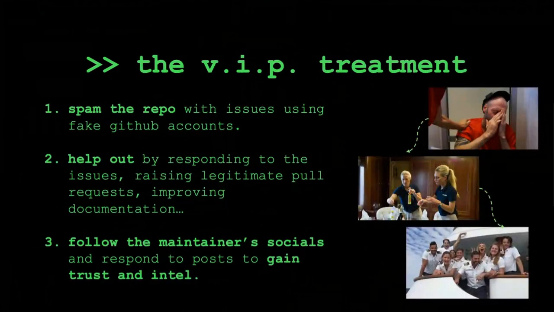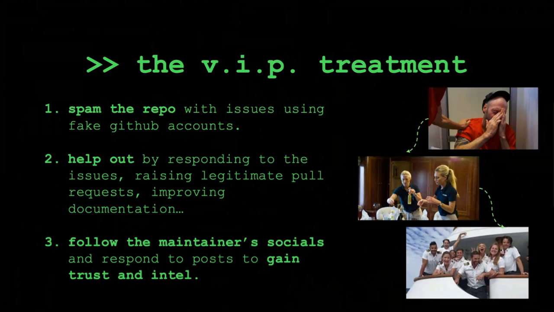So what will this involve? It's going to get a bit dark, but what we're going to do is spam the repo using sock puppet accounts, really trying to encourage burnout in the maintainer, because if they see a bunch of issues, especially if they're maintaining so many other packages, they're not going to want to contribute at all.